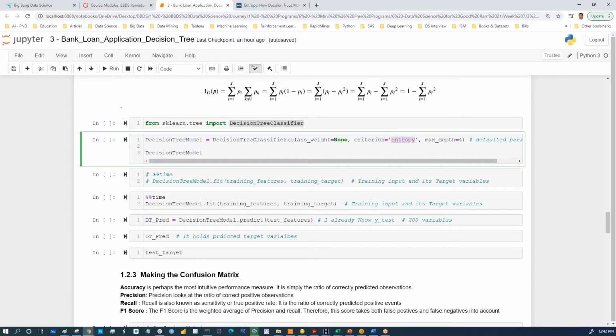You could tell it to use, I believe, Gini, and it is going to simply use different calculations behind the scene, which I really don't care about, because all I'm interested in is learning about the output. How it does it, I really don't care. But yes, it is my responsibility to know how it works and be able to explain it to the management, just in case they ask about it.